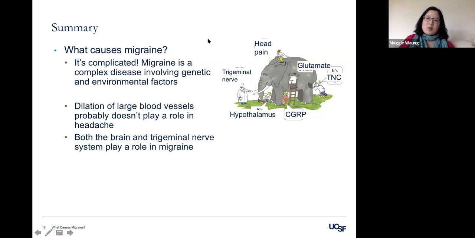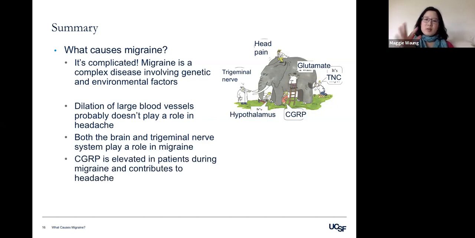But we do know that headache is due to a lot of different genetic factors that interact with the environment. We don't think that blood vessels are playing a causative role in migraine anymore, but we do feel that the brain and the trigeminal nerve pathway are some major regions that are important in migraine.